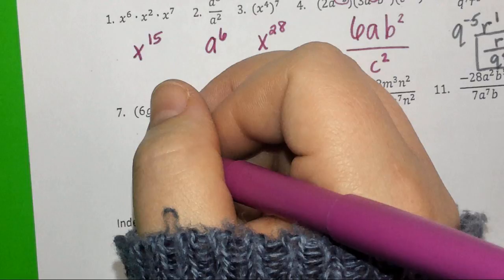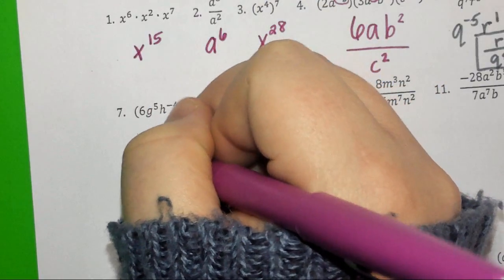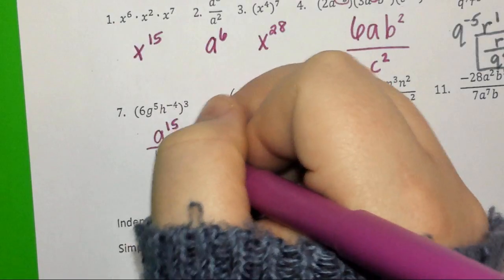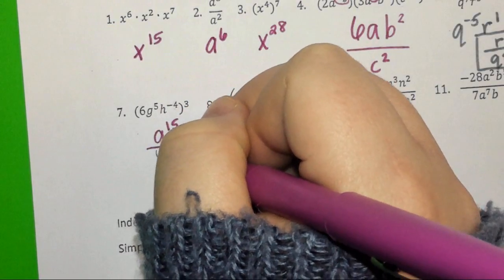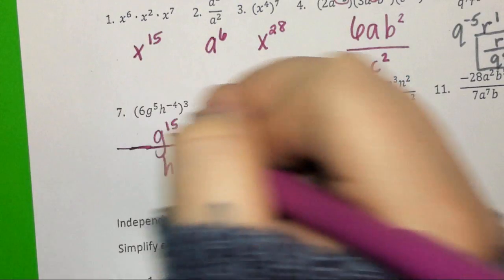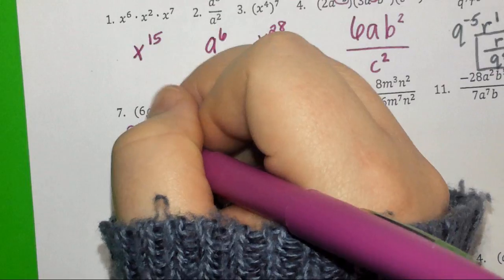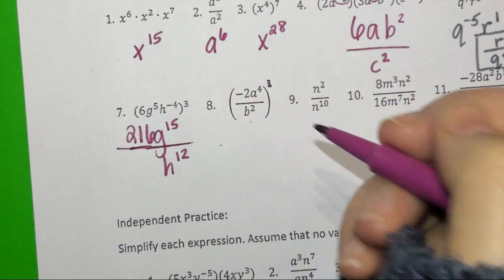Did you say it again? I get the g to the 15th. I'd give you the h to the 12th in the denominator. But what about the 6? Yes, 4, you can have the point. I should have given it to 2 as well, but I'm not going to.